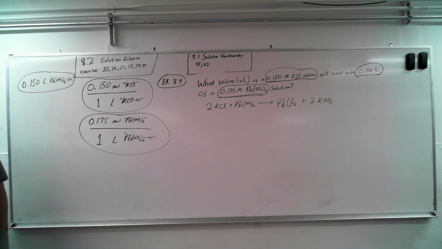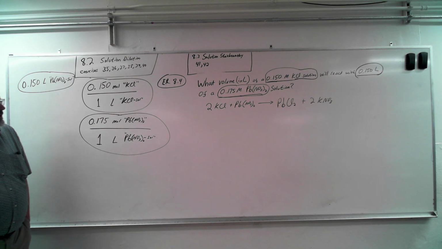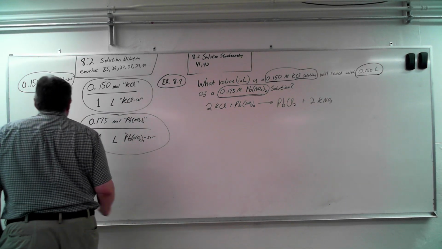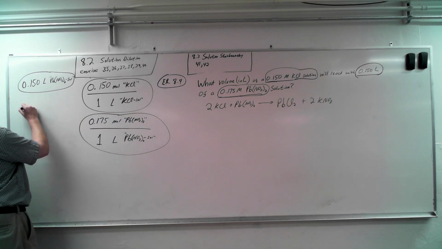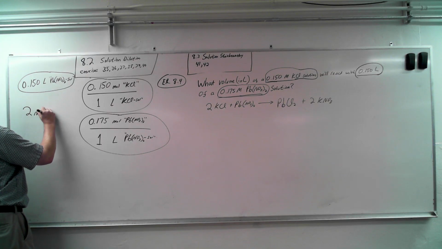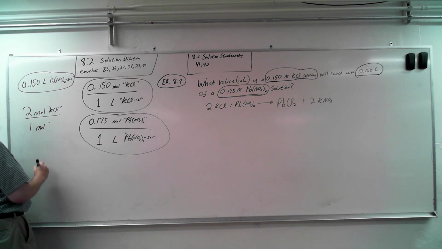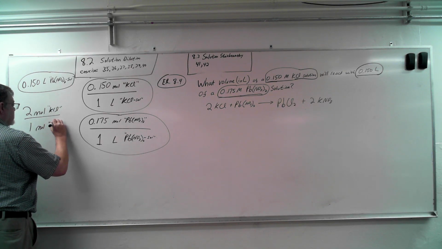Can you imagine what the next piece is? Molar ratio, it's the same as when we were doing reactions before and limiting reactant. I'm comparing these two things. So my molar ratio is 2 moles of KCl to 1 mole of Pb(NO3)2.